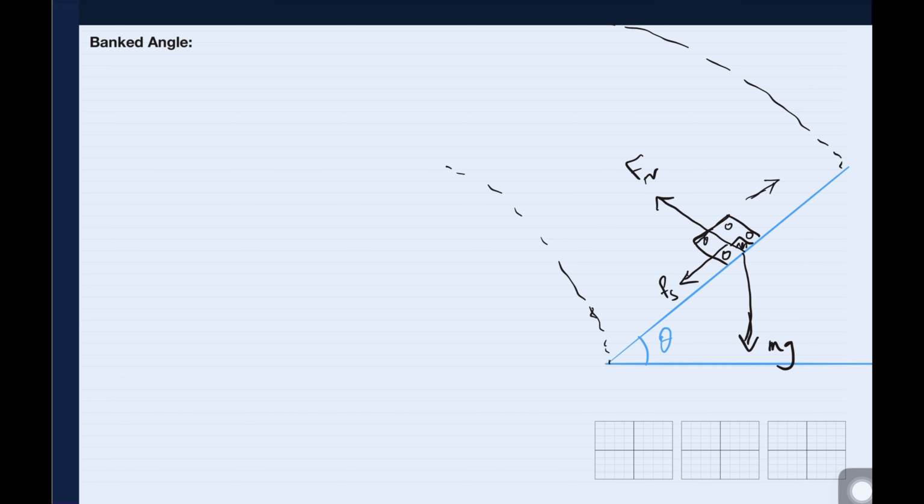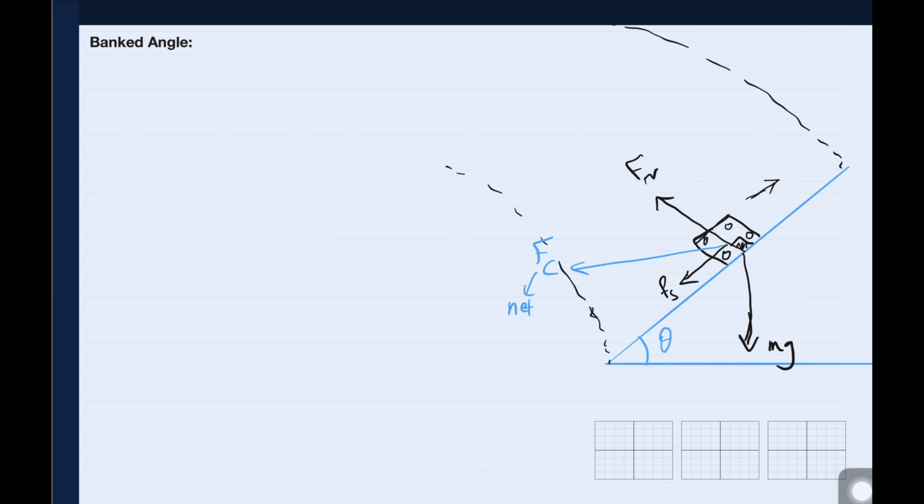So I have to calculate all forces horizontally, or all forces along the radius, to get the centripetal force. So I have one force that is the centripetal force, which is a net force.